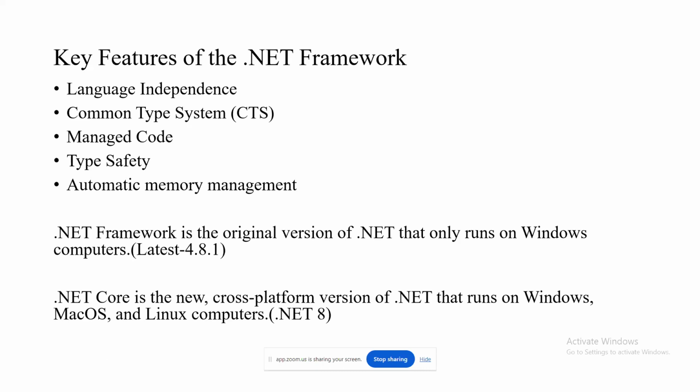Managed code means the code which is developed in the .NET framework is known as managed code. This code is directly executed by the CLR with the help of managed code execution. On the other hand, unmanaged code means the code which is developed outside the .NET framework.